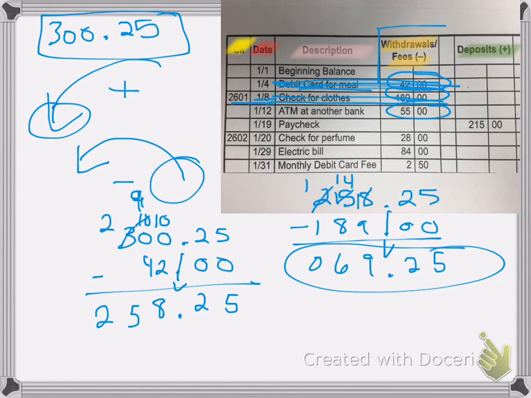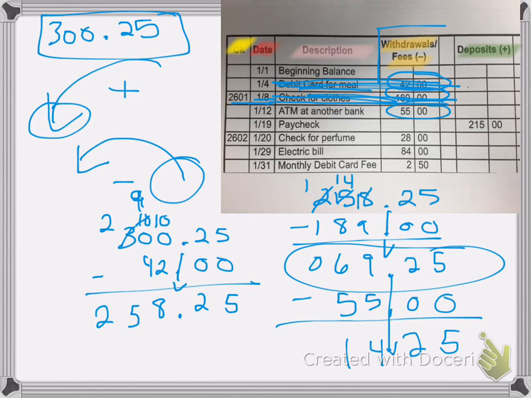Then we've got the next one. We did an ATM withdrawal on 1/12 of $55. So we subtract, because we withdrew money, $55. 5, 2, 4, 1. Bring the decimal straight down. $14.25. You continue this, and now we've got $14.25, and we have to deposit.